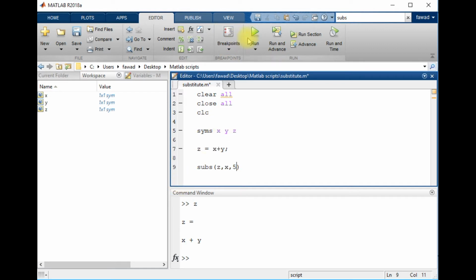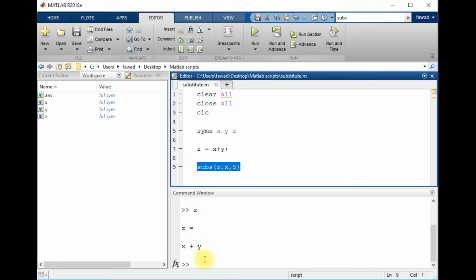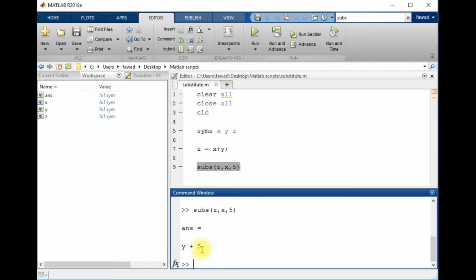But if I execute this line of code, what I see is the value of z is equal to y plus 5.